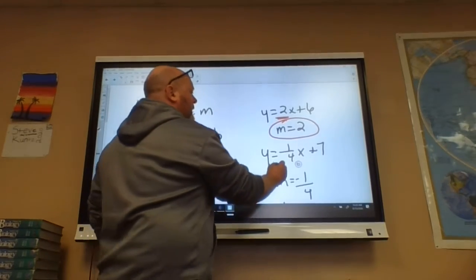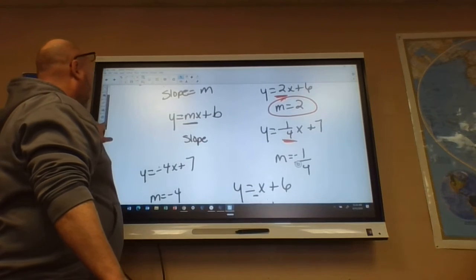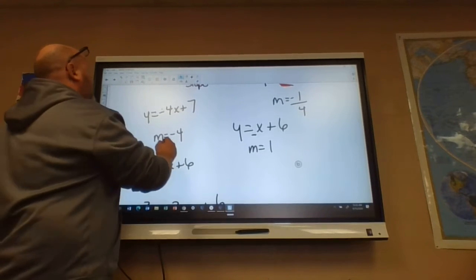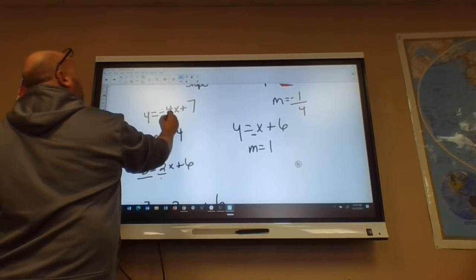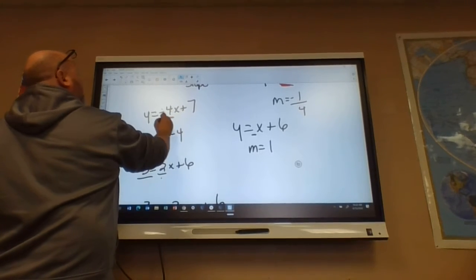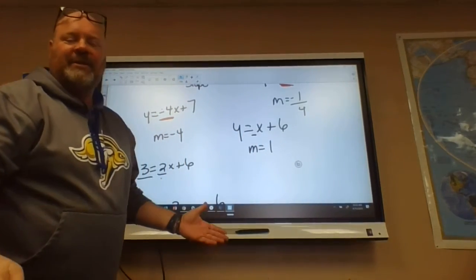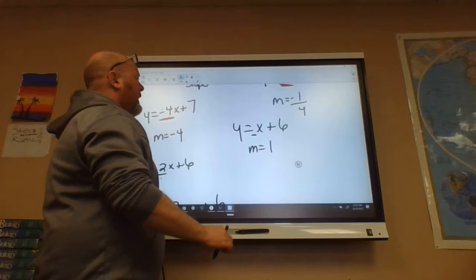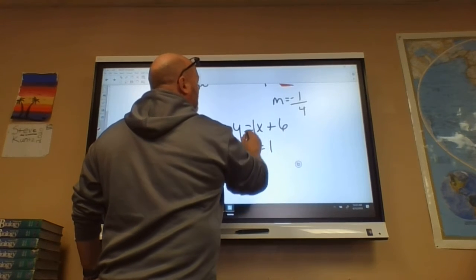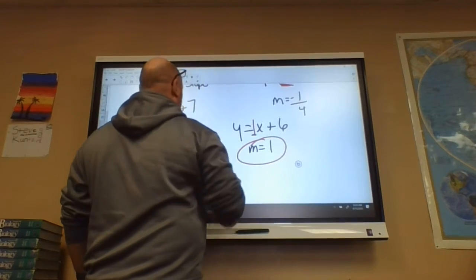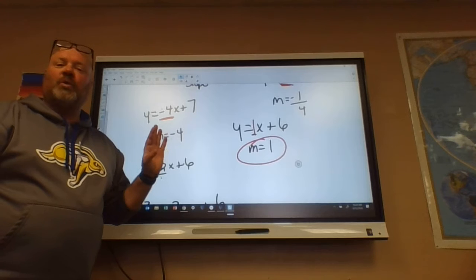My slope is -1/4. Some people will get confused on some of this. Here it is, y equals -4x plus 7. This is my slope. Now, if there's no number in front of the x, that means it's a 1. So, y equals x plus 6. You consider this a 1 in front, so therefore your slope is 1. Now, that's on the first worksheet.